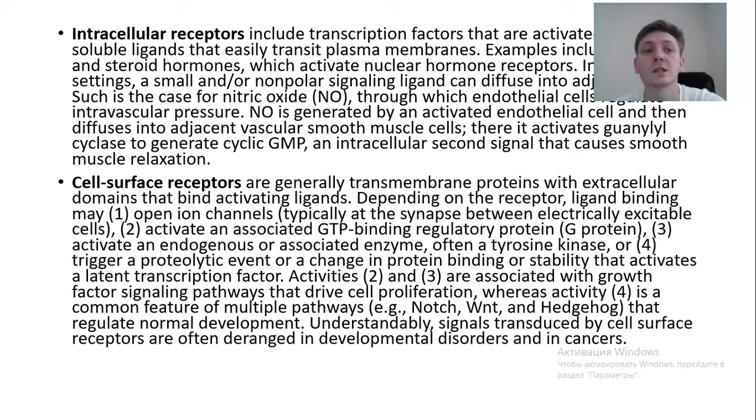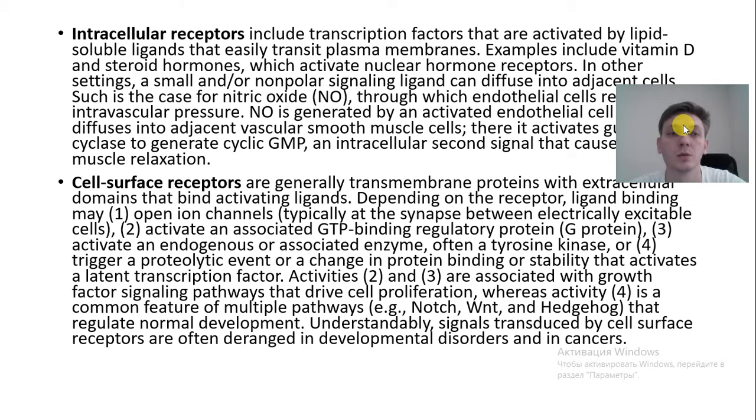We have intracellular receptors. How do intracellular receptors act? They include transcription factors that are activated by lipid-soluble ligands that easily cross plasma membranes. You remember the structure of the plasma membrane: it is composed of 50% lipids and 50% proteins.